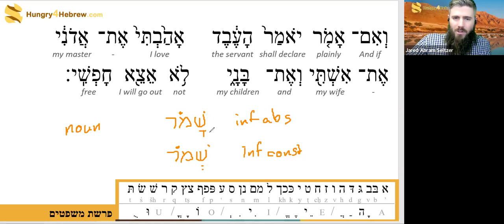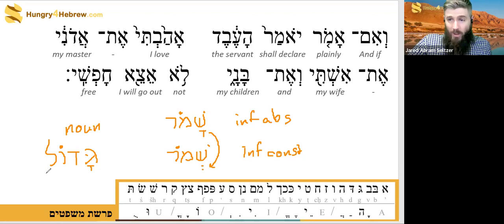Shmor, well, that's just going to be a reduced kamatz right here, a phenomenon that we see all the time when absolute nouns go down to construct, right? Like gadol is something that is great, but if I say the great one of Jerusalem, this would drop down to a shva.